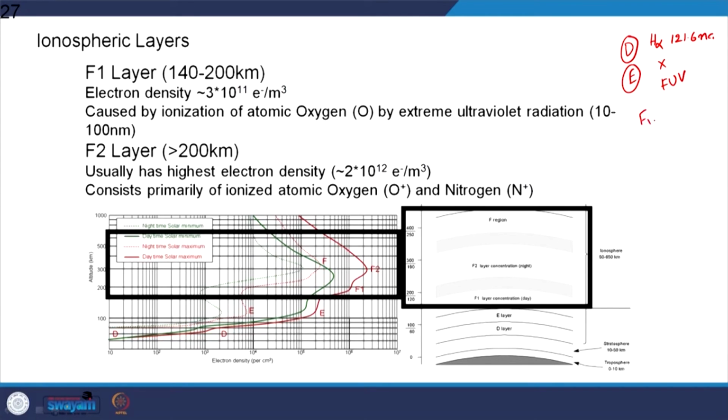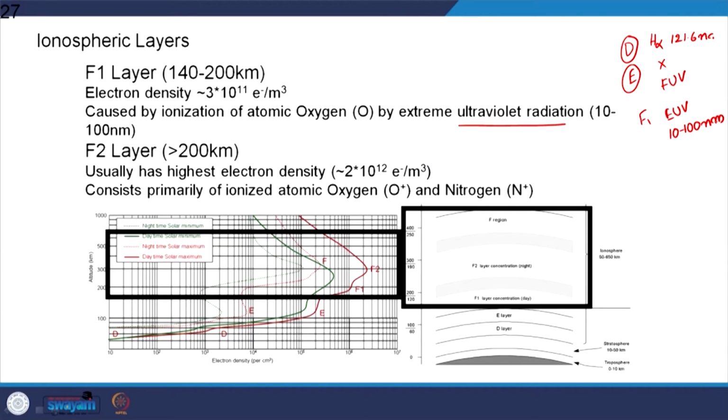And now in the F1 layer, the most important ionizing radiation is extreme ultraviolet radiation, EUV, from 10 to 100 nanometers, and the typical densities are of the order of 10 to the power of 11 per meter cube.